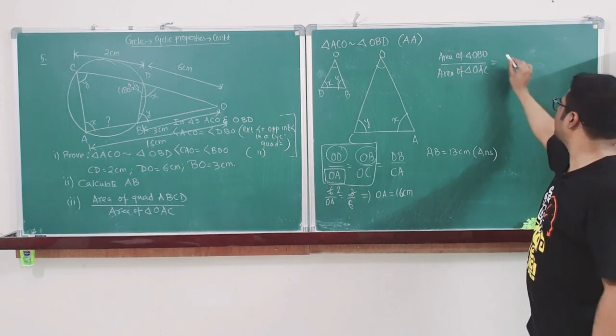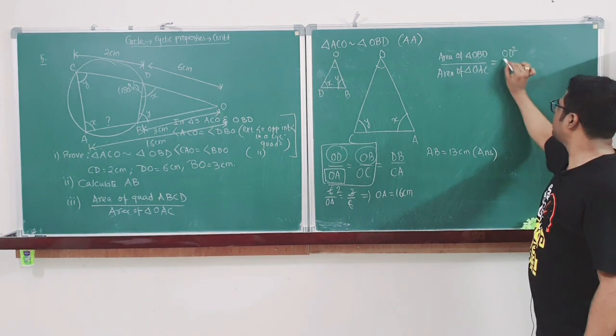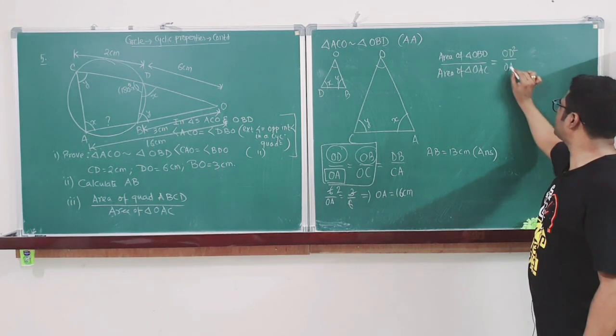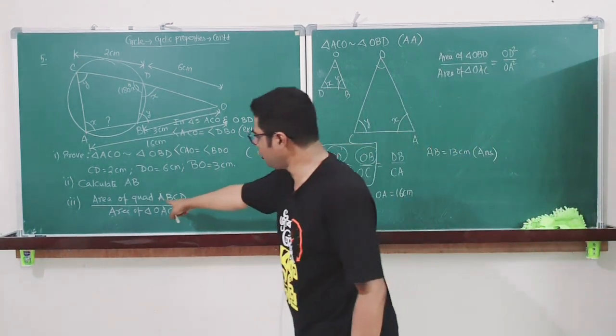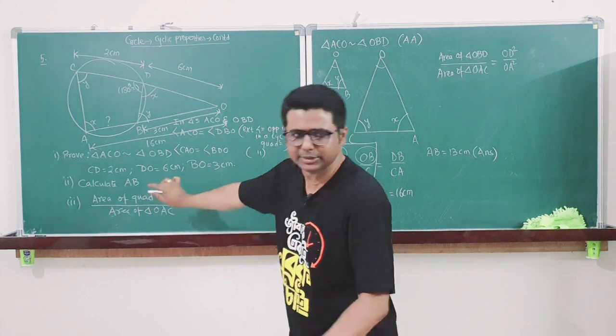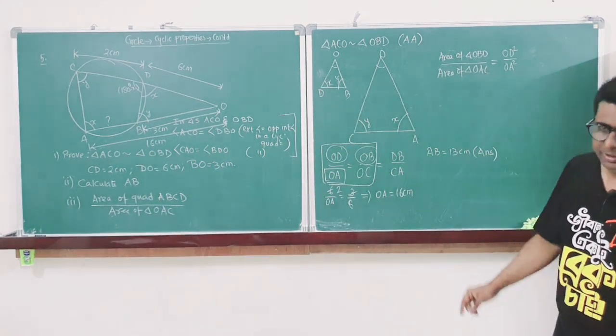So I will take OD square by OA square. Both of the values I know. So let us just live with what we have.